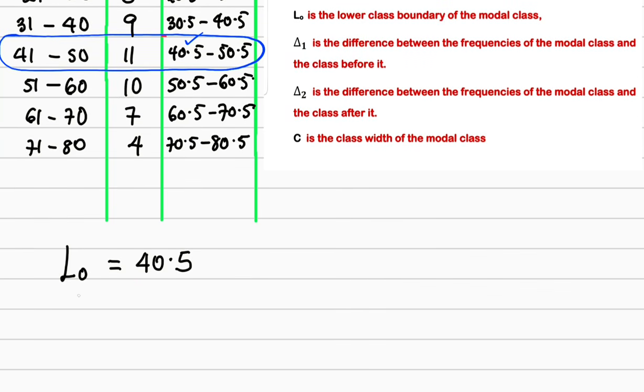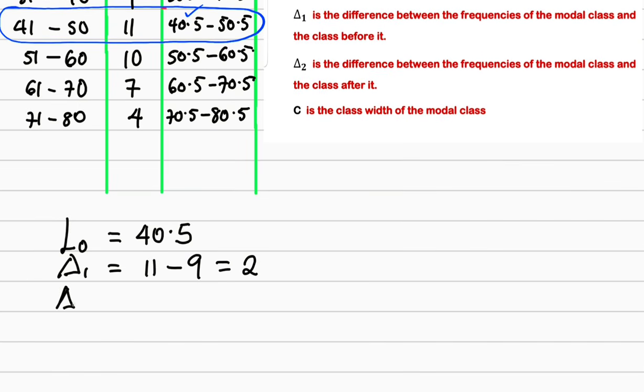Then the next thing is delta 1. Delta 1 is the difference between the frequencies of the modal class and the class before it. The frequency of the modal class is 11 and the one before it is 9. So we have 11 minus 9, which is 2.